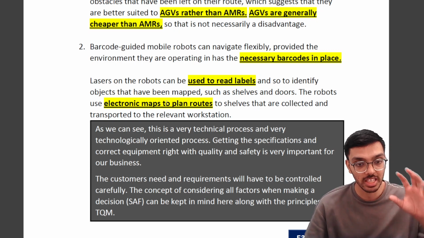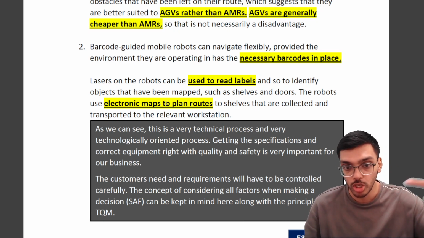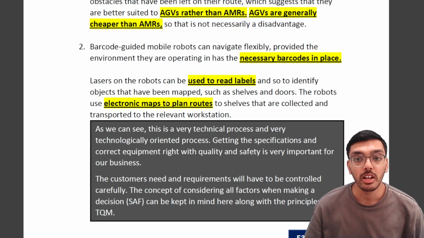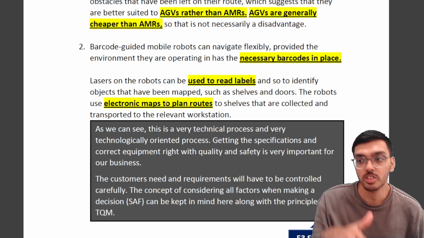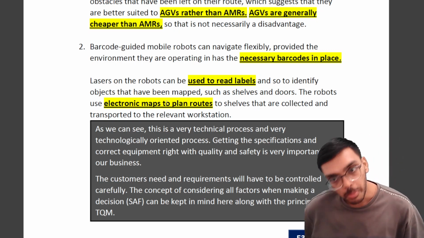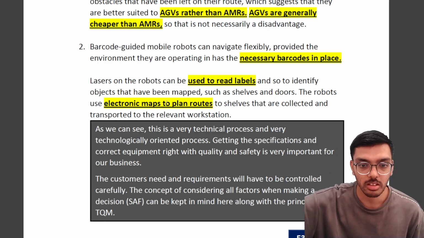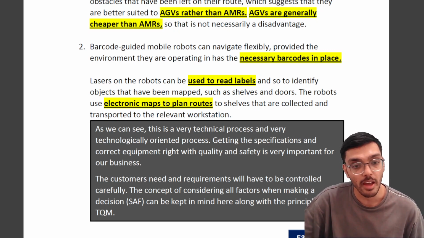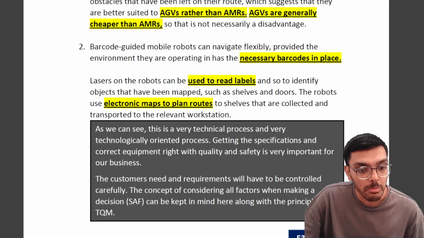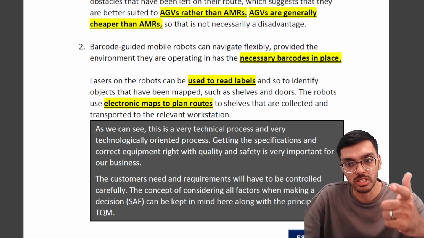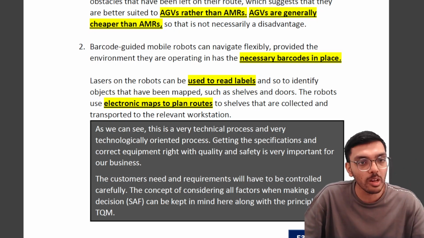You want quality in the entire process, from the robot to the actual process of picking the good. Plus, when you are making any decision, whether to use this product, not use this product, use this robot, not use this robot, develop a robot, purchase a company, anything, we need to look at all factors of decision making, which is your SFA analysis, a very important analysis in your E3 syllabus. Suitability, feasibility, acceptability needs to be looked at.